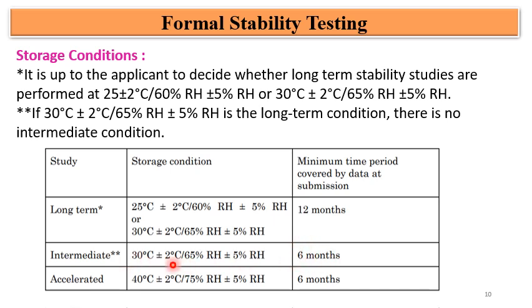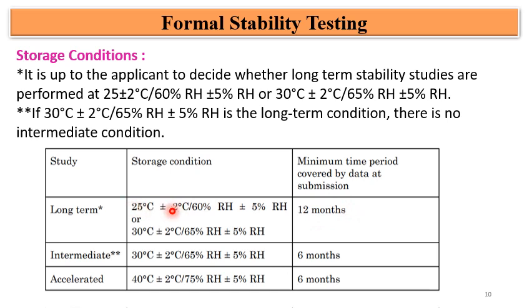We can load this intermediate condition sample till 12 months so that we can have the complete understanding of the product. Then long term is a 12 months requirement until the completion of the shelf life period or expiration period, or that is also known as retest period.